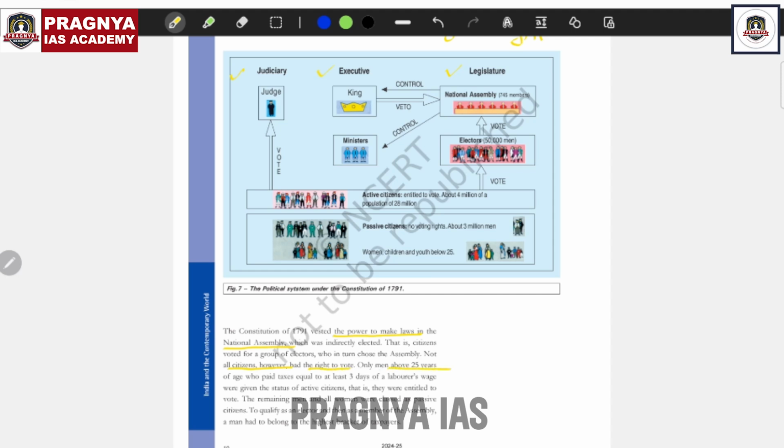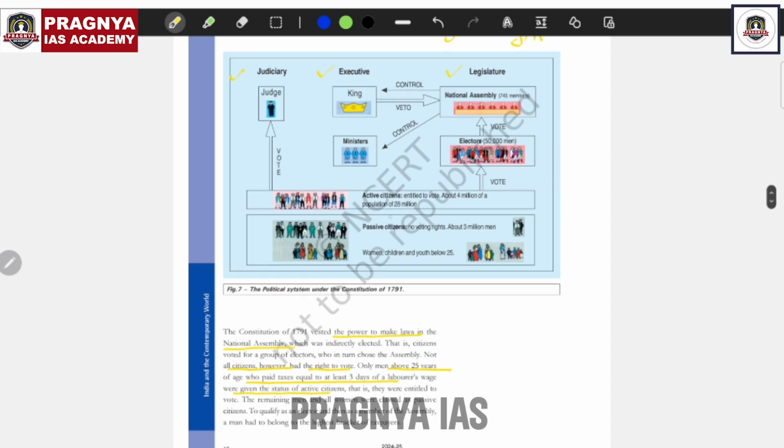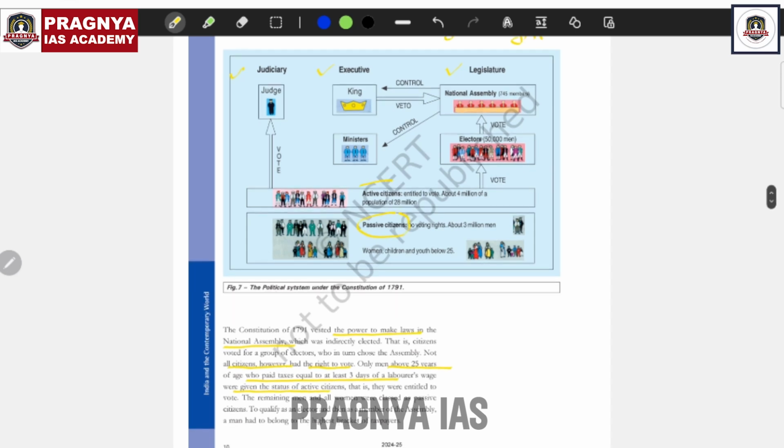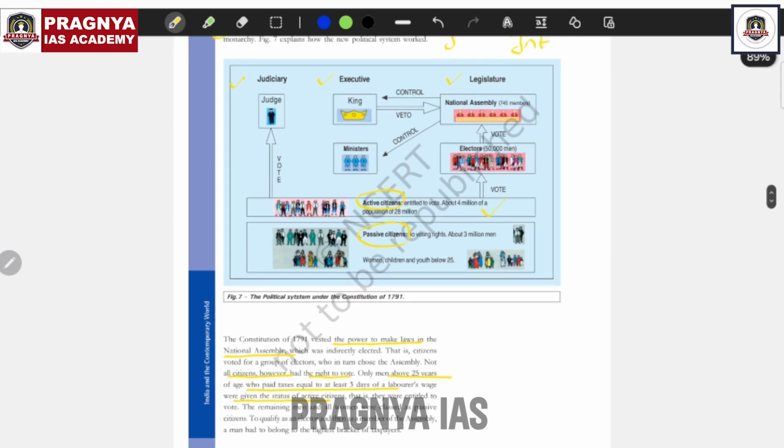Men above 25 years of age who paid taxes equal to at least 3 days of their labor wage were given the status of active citizens. That is, they were entitled to vote. There were passive citizens and active citizens. Only these active citizens were entitled to vote, not the passive citizens.